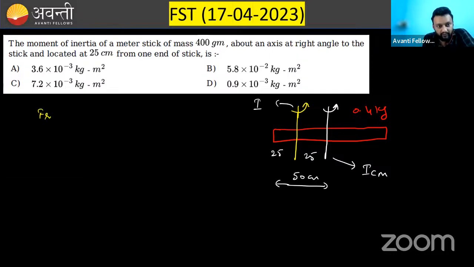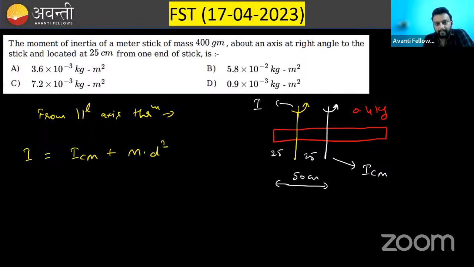From the parallel axis theorem, we know that the moment of inertia about any parallel axis is equal to the moment of inertia about the center of mass plus mass of the body into d square, where d is the perpendicular distance between the two axes.